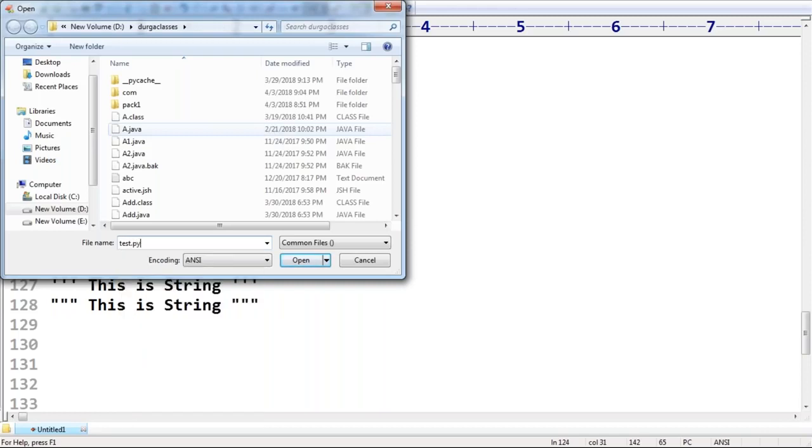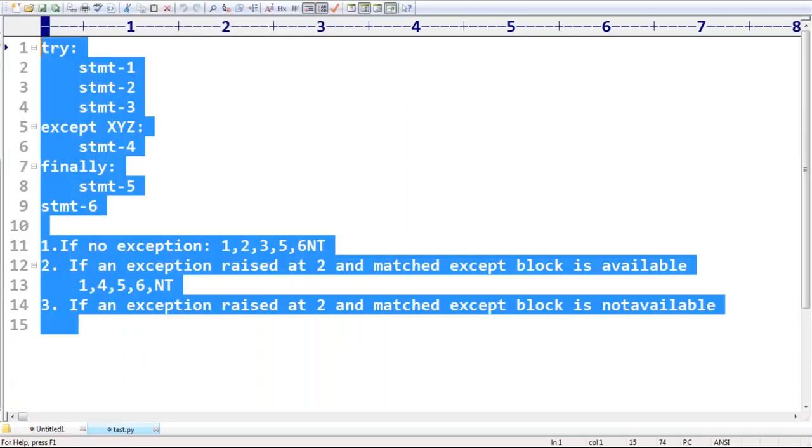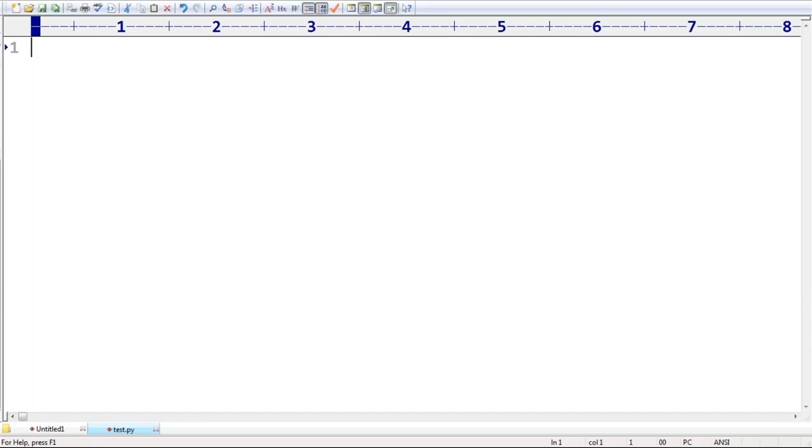Assume I'm taking test.py. Here, x is equal to single quote or otherwise double quote, Durga, and then soft, like this, and then print of x. Here, Durga soft I'm taking in two lines, which is nothing but a multi-line string literal.